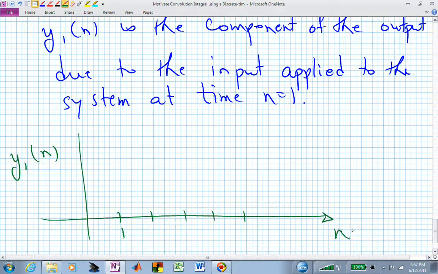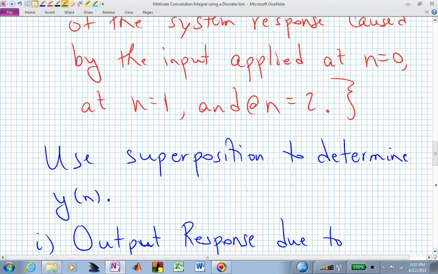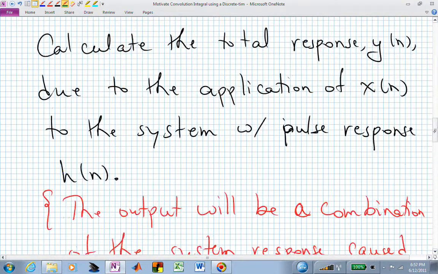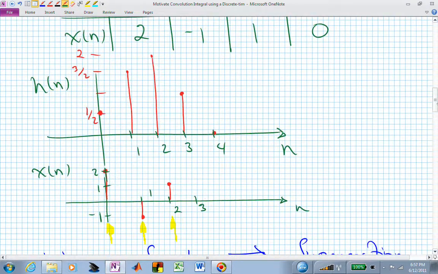Here is our index of time n, 1, 2, 3, 4, 5. Because of this particular system, its pulse response begins to respond to an input applied exactly when the input is applied.